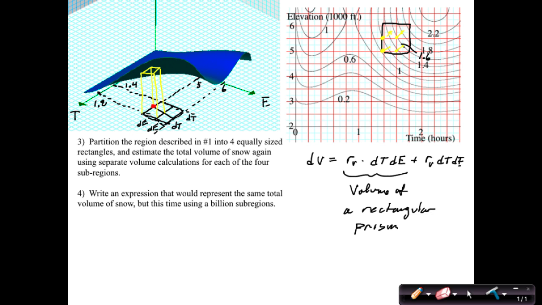And so then, yes, this right here at this point is where the rate is, 1.4, and so then that's the height. That's the height of that rectangle, 1.4 times dt times dE. Gives me the amount of snow, but it also gives me the volume of that rectangular prism, and I could do that 4 times.